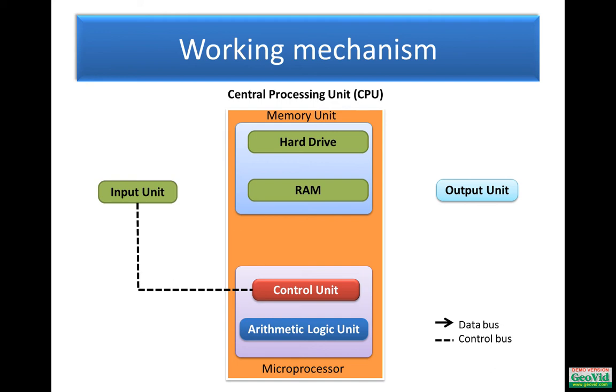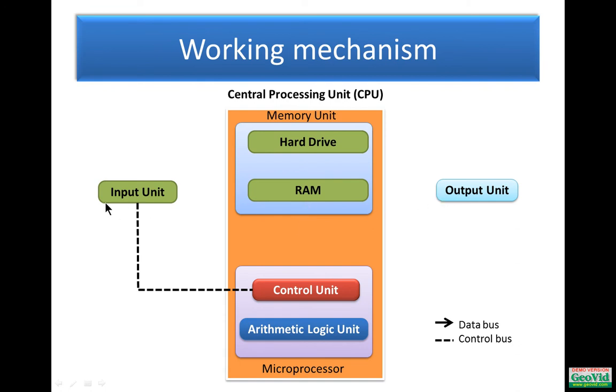The dotted line is the control bus, as shown in the index, and the arrow represents the data bus. The control unit is the main component of the microprocessor, which is responsible for controlling all kinds of activities of the different units.